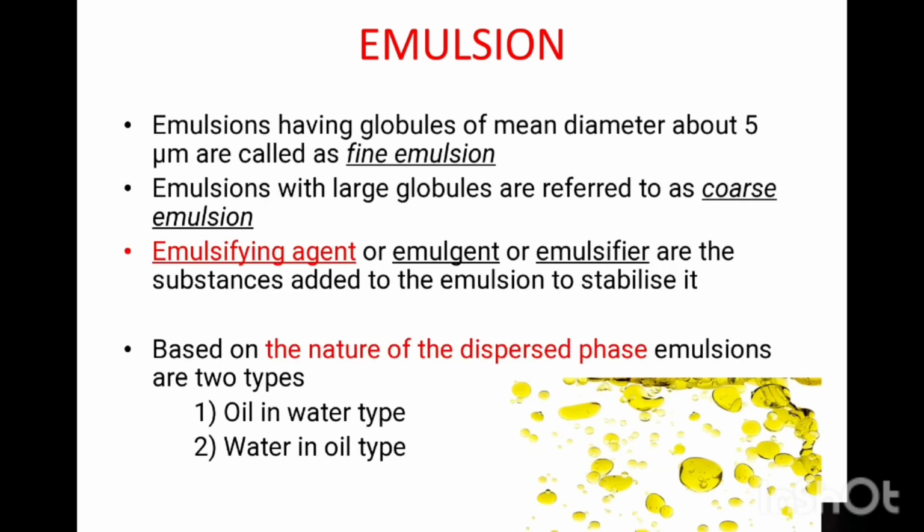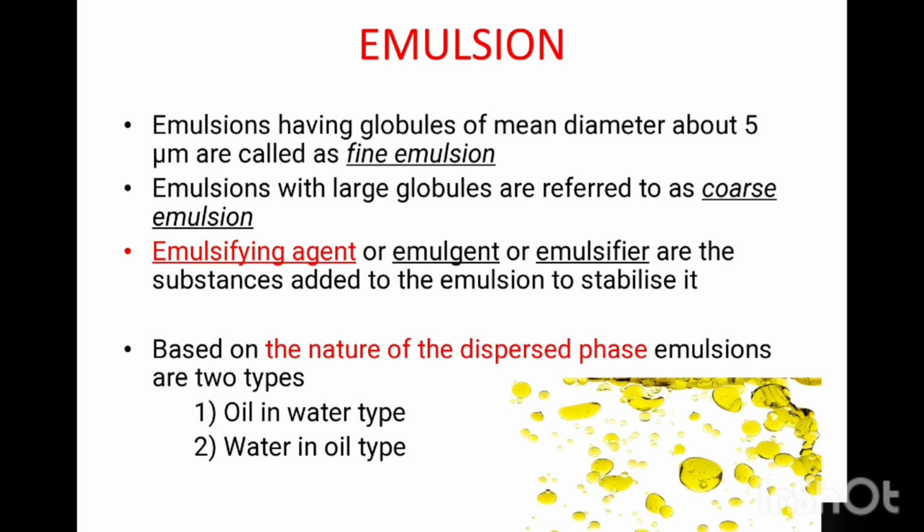If an emulsion has a globule diameter of about 5 micrometer, then it is called a fine emulsion. In fine emulsion, the globule diameter will be about 5 micrometer. If an emulsion has larger globules, then it is referred to as coarse emulsion.